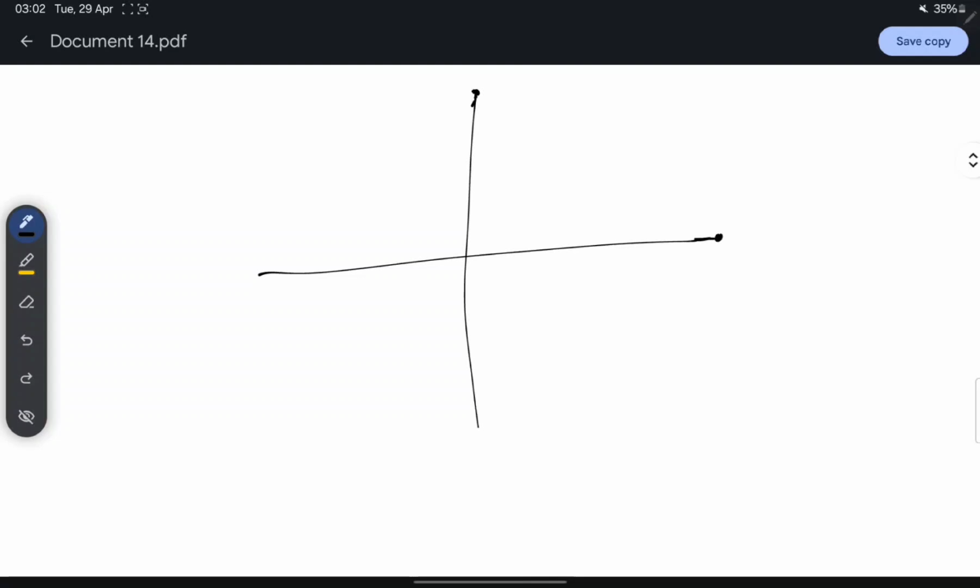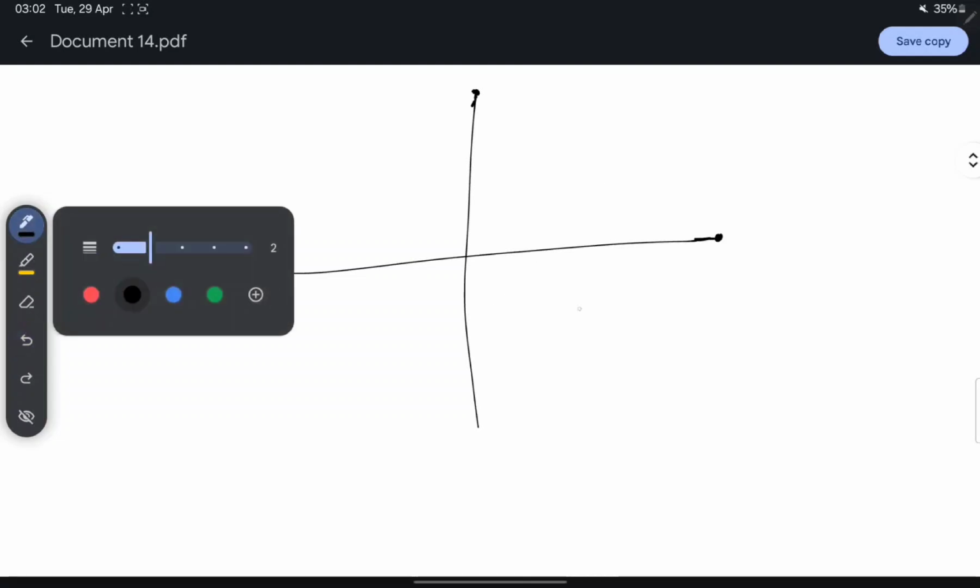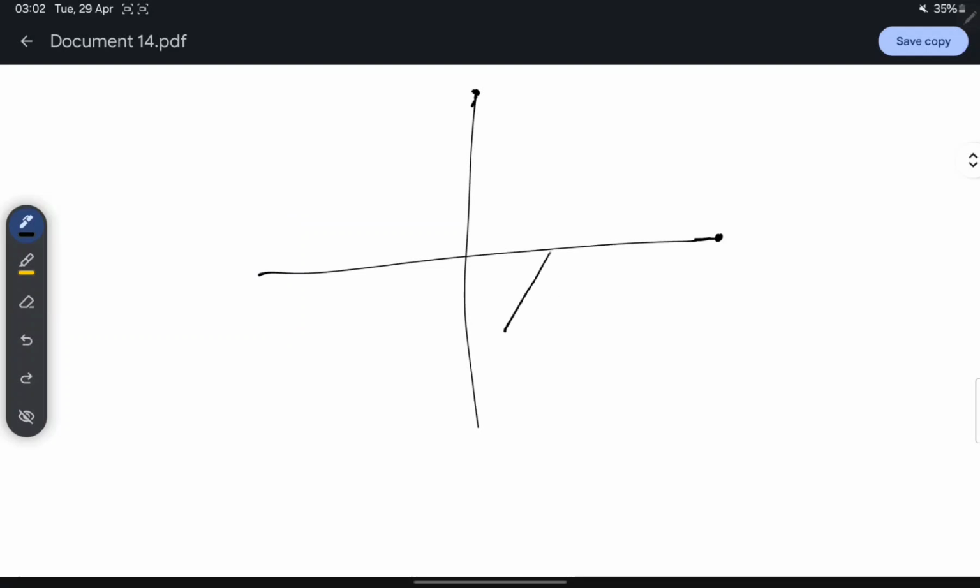In this Cartesian plane I am having this line. This line has points x2, y2 and x1, y1.